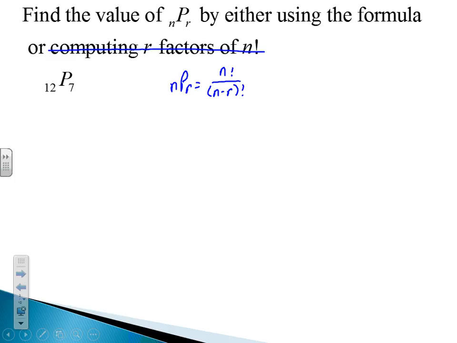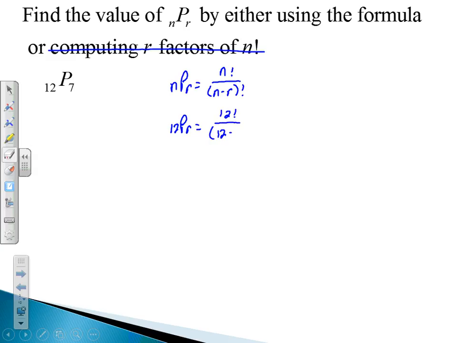So based on what we have here, 12P7, and so here I wind up with 12 factorial over, in parentheses, 12 minus, oops, not paying attention. This is not r, that is a 7. So I'm now going to say 12 minus 7 factorial. Simplifying the denominator, I will get 12 factorial over 5 factorial.